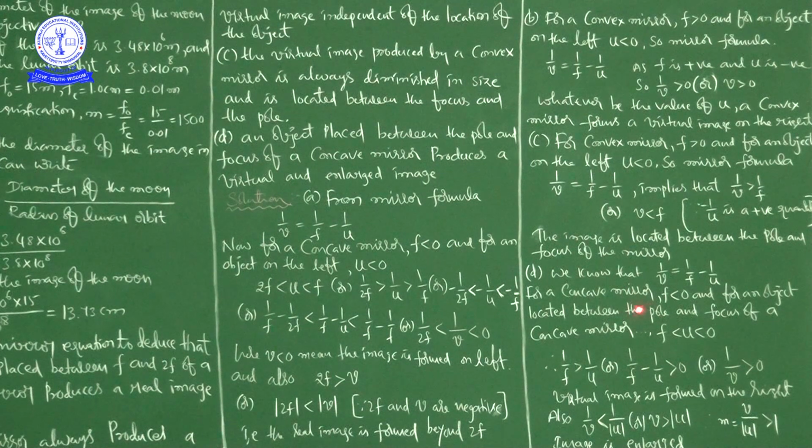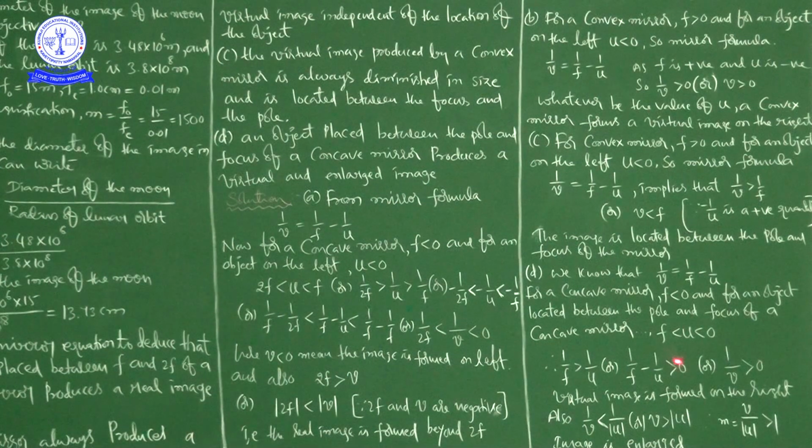So for a concave mirror, you know that f is less than 0, and for an object located between the pole and focus of a concave mirror, f is less than u less than 0.